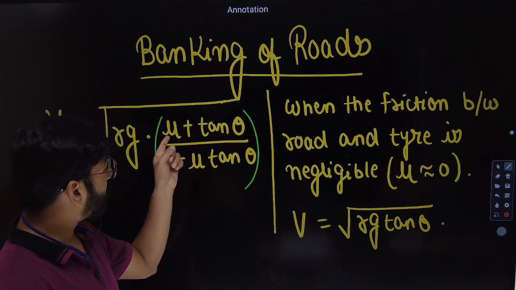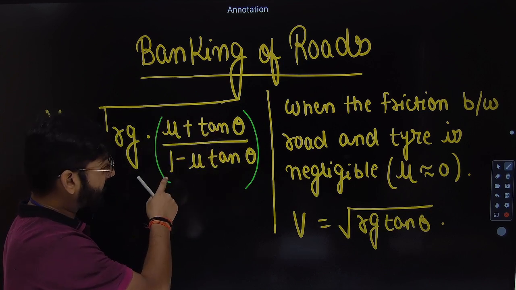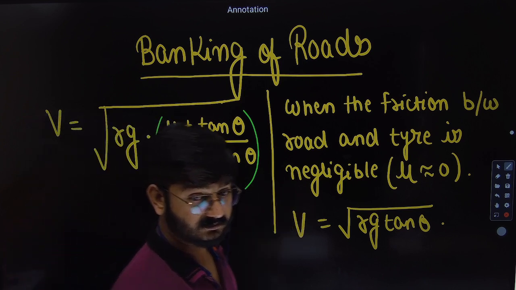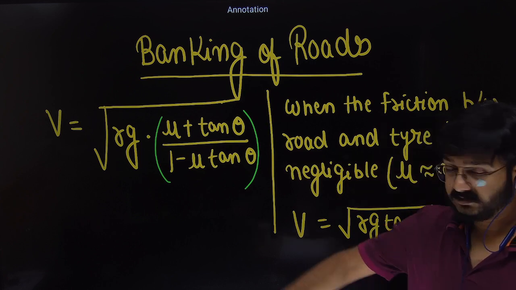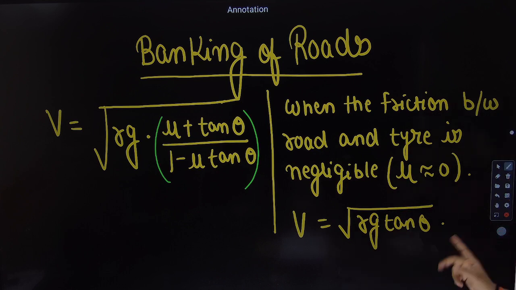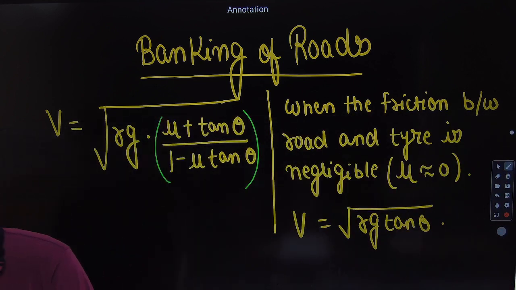Put mu as almost zero: the numerator will be tan theta and the denominator will be 1. So, Rg tan theta. If they don't mention wear and tear, use the first formula; the moment they say minimize wear and tear, use this formula. Make a note quickly.